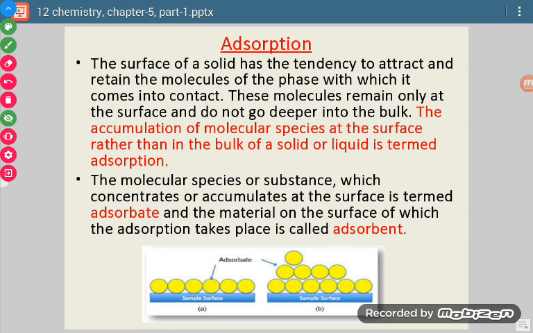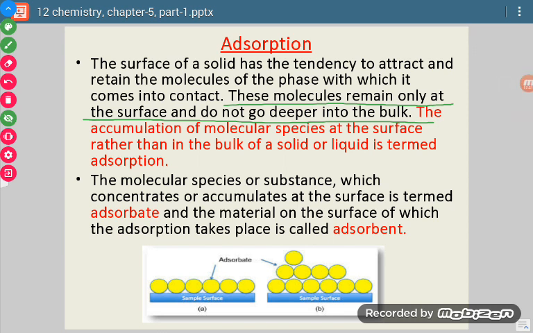Okay, now because of this tendency, what happens? These molecules remain only at the surface and do not go deeper into the bulk. So gas molecules will be on the top of the surface of the gold and they will not go inside. This phenomenon will be termed as adsorption.